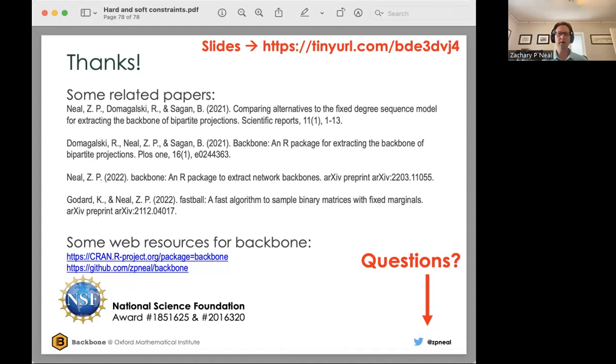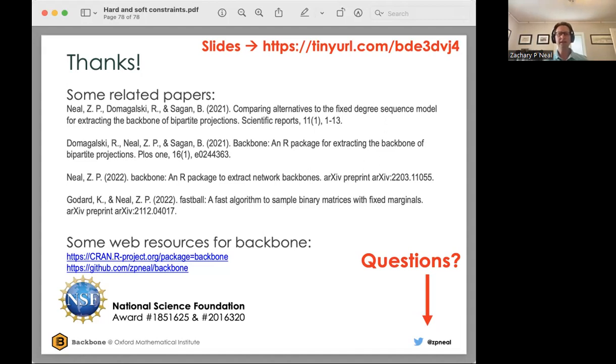I think where some of this work differs is that it doesn't operate on the weighted projection matrix. It actually operates on the original bipartite matrix. Because in the case of bipartite projections, if we focus on the weighted projection, we've already lost some of the critical information. In the politics case, we've already lost the information about whether the bills were popular or unpopular, which is significant in deciding whether co-sponsorships are large or small.